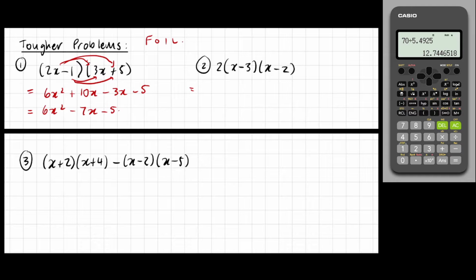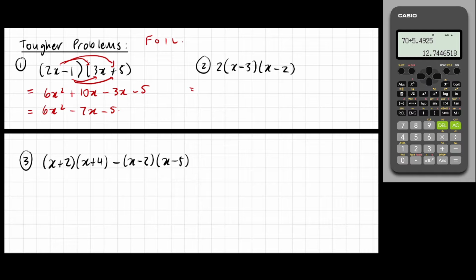It just makes it a bit easier to deal with, because simplifying the brackets first, when they look a bit easier, like x minus 3, x minus 2, is a little bit easier than 2x minus 6, because at the end of the day, we're just going to have to double our answer. Because that's what the 2 at the front's doing.